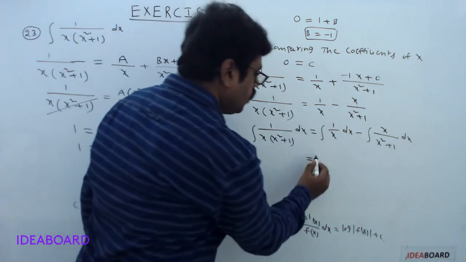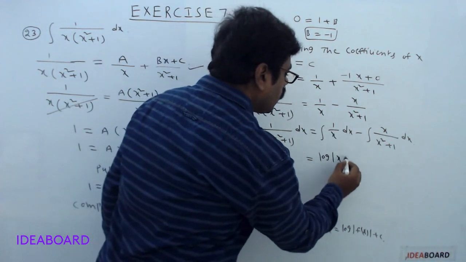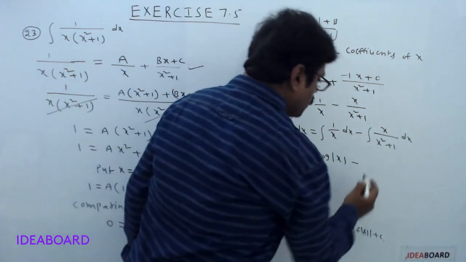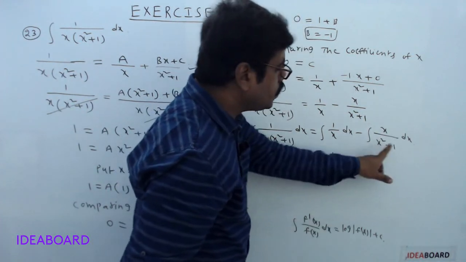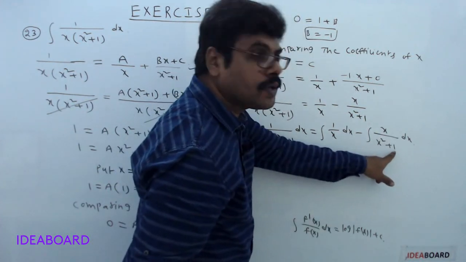So derivative of denominator is in its numerator. By using this formula, what is its value? Log mod x minus derivative of x square plus 1. Derivative of x square plus 1 is 2x, but in the numerator only x will be there. So to convert this integrand in the form of f dash of x divided by f of x, multiplying and dividing with 2.